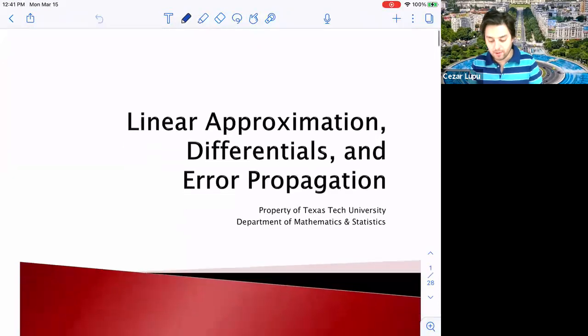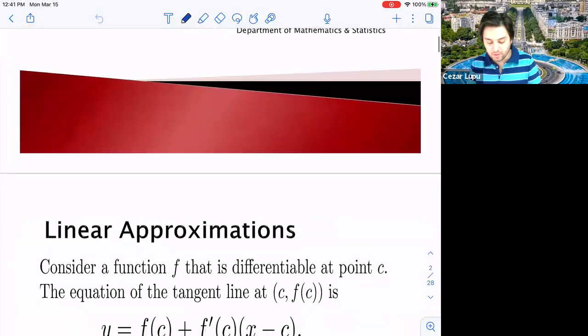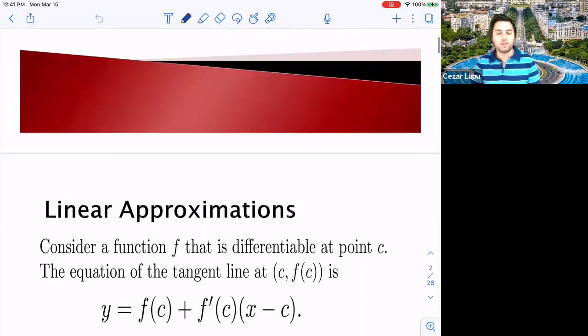So, linear approximation. Let's see what this is all about. First, look at this equation. We consider a function f, which is differentiable at the point c. Since the function is differentiable at the point c, we can compute the derivative at that point.